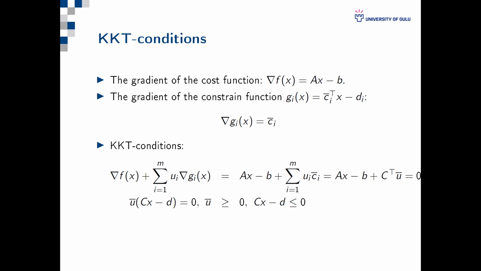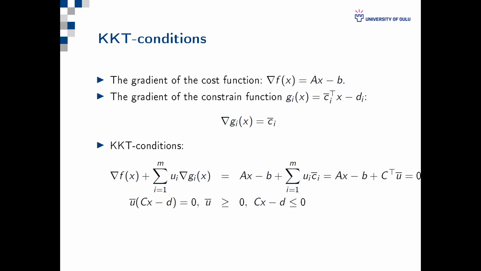The matrix A here was assumed positive definite. So this linear system of equations has for sure a unique solution, which depends on the Lagrangian multipliers. So you can solve this one for x. And then you have the complementary slackness condition.